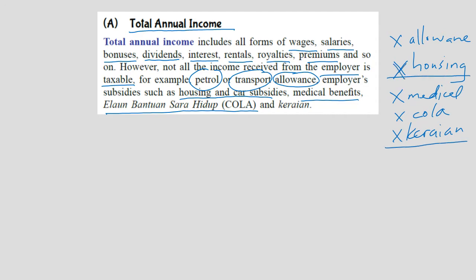I have allowance kerayan, this one is not taxed. That means it will be subtracted from my annual income that should be taxed. And then I have allowance wilayah. This one also will not be taxed.